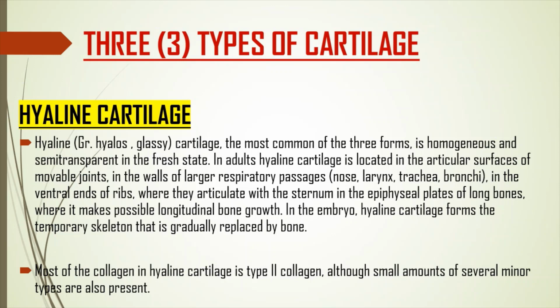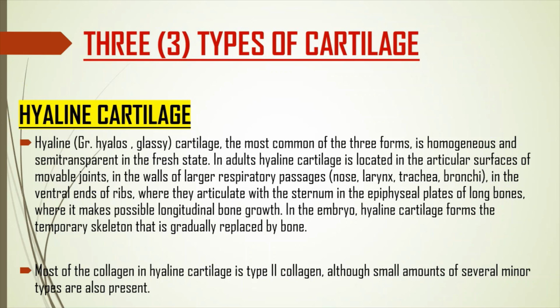It is also found in the ventral ends of ribs, where they articulate with the sternum, in the epiphyseal plates of long bones, where it makes possible longitudinal bone growth, and in the embryo. Hyaline cartilage forms the temporal skeleton that is generally replaced by bone.